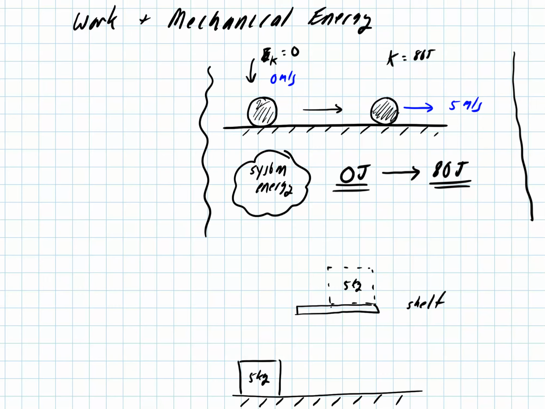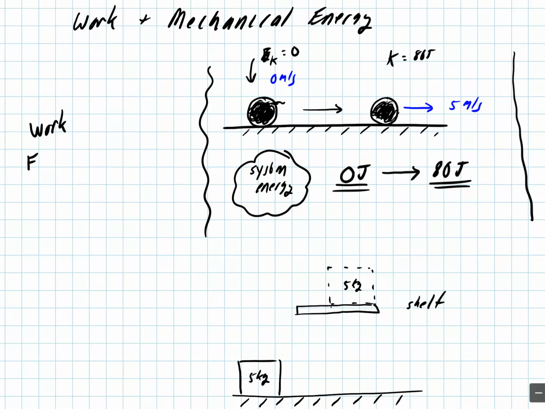If you look carefully at this ball, you're going to see there's no mouth. Nope, there's no mouth. There's no place to put gasoline. There's no place to put a battery. There's no place to plug it in. So how do you transfer energy into something like a ball that isn't moving and then suddenly it has 80 joules? Well, basically, you have to do work on it.